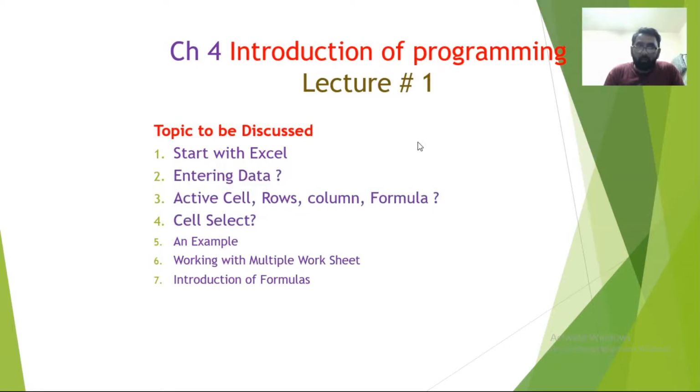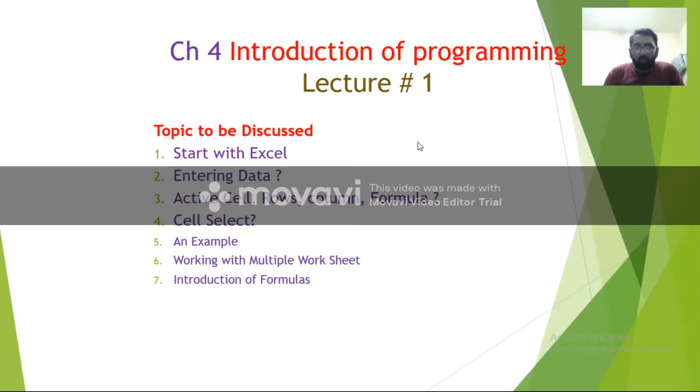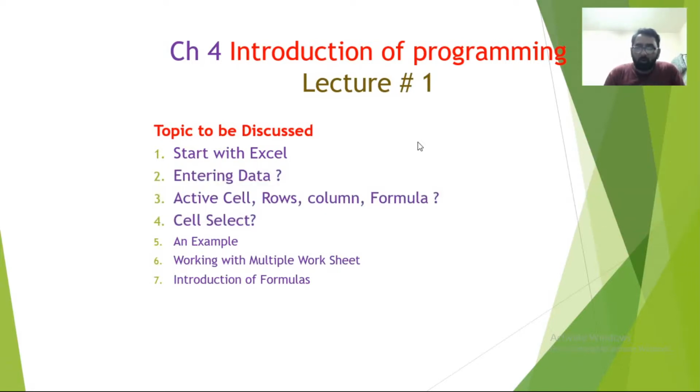This is very important: what a formula is and how we enter a formula in a Microsoft Excel sheet. What is a cell and how do we select any cell? We will also discuss this with an example, and how to work with multiple worksheets and switch over between them.